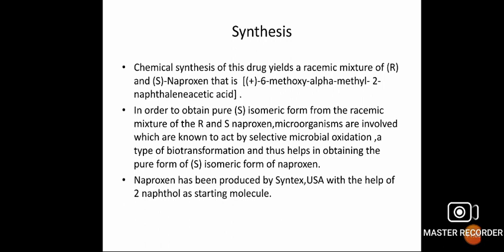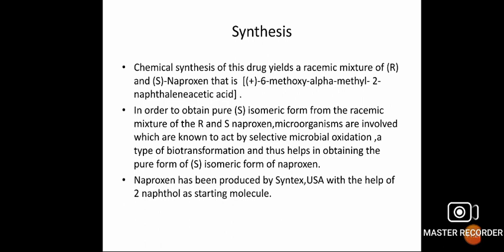In order to obtain the pure S isomeric form from the racemic mixture of R and S naproxen, microorganisms are involved which act by selective microbial oxidation, a type of biotransformation, and thus help in obtaining the pure S isomeric form of naproxen.